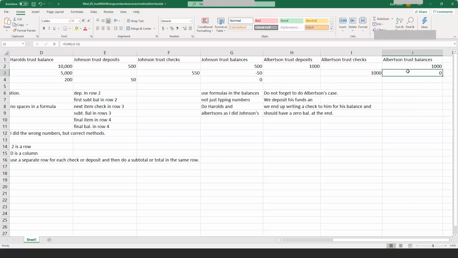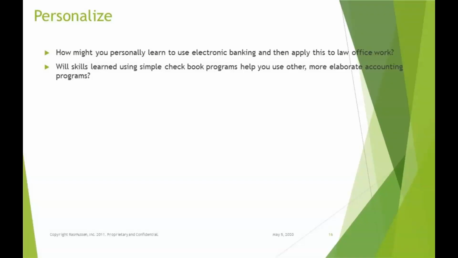Now we can put the file away and say his file is closed, but we can't as long as there's money in it. Any questions about that? Problems? Okay.